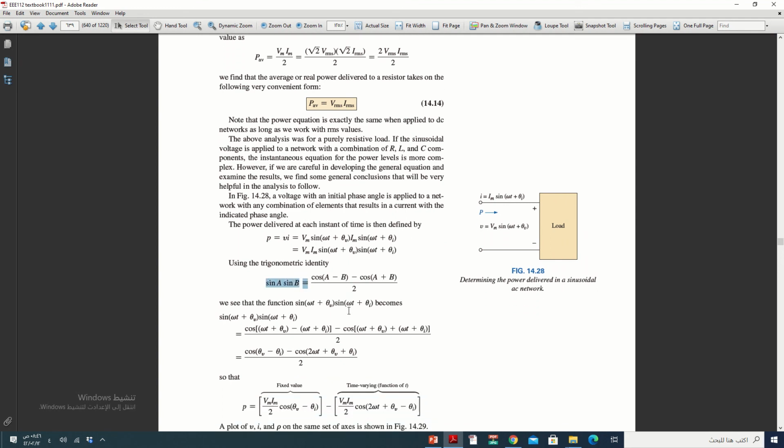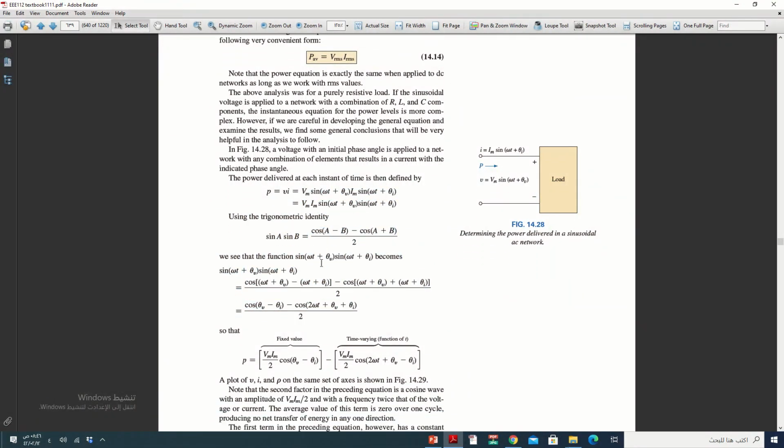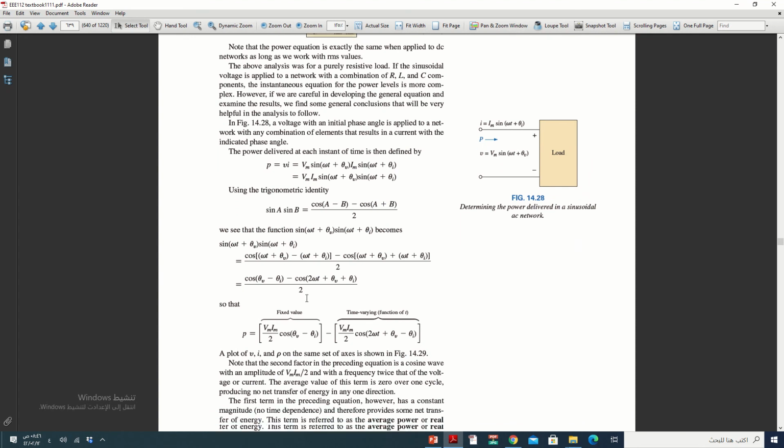You don't need the proof, but if you go through it, you will end with the power equal to two parts. The first part is a fixed value and the second part is variable, because we have t in the second, and no t in the first.